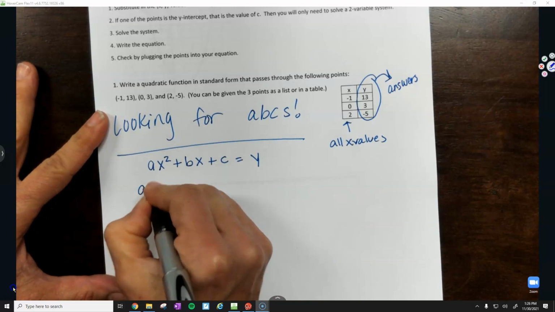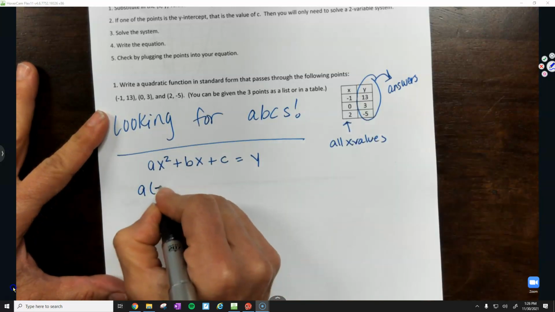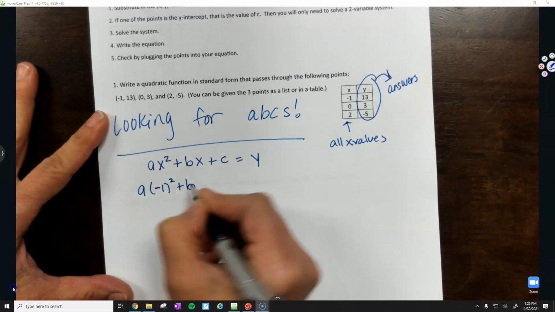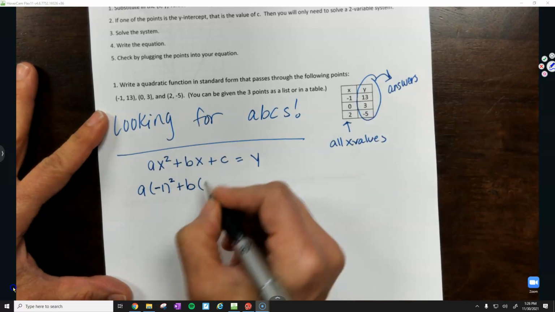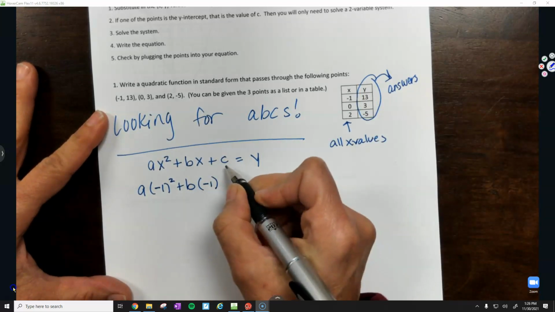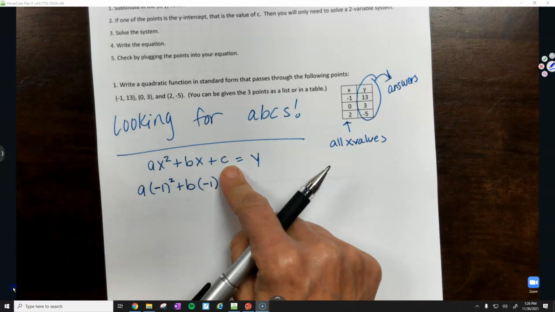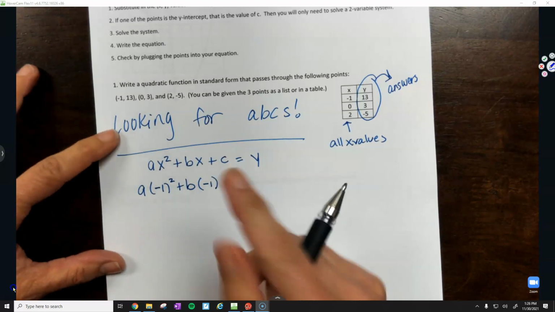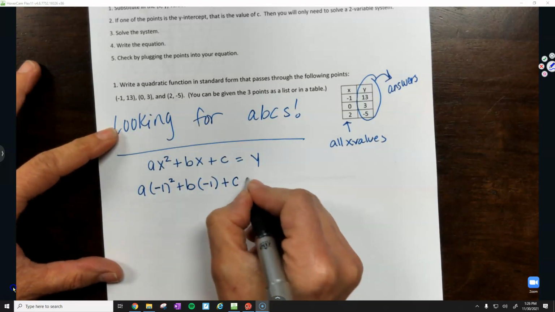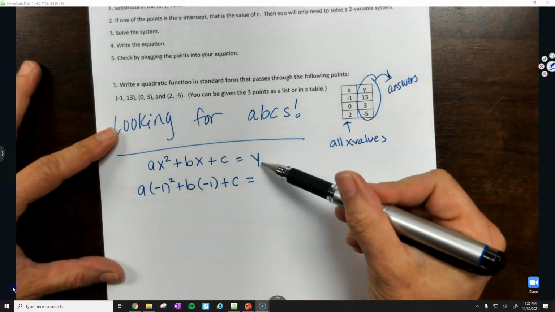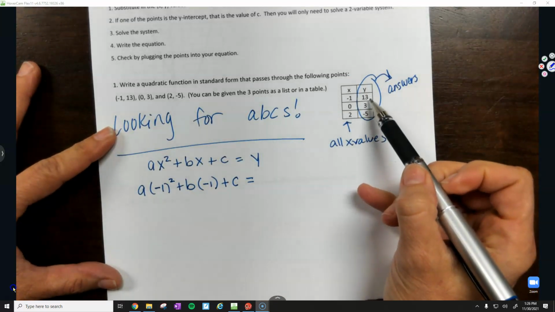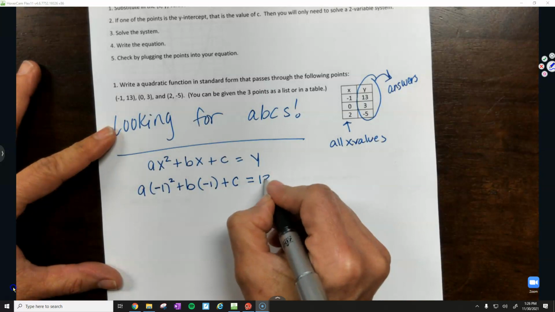So it's going to be a times the x value of -1 squared plus b times that same x, but it's not going to be squared, plus c. Notice c does not have the letter x next to it, so I'm just going to recopy c. And then, instead of copying the letter y, we're going to write the output, which is the answer, so we're going to write a 13.